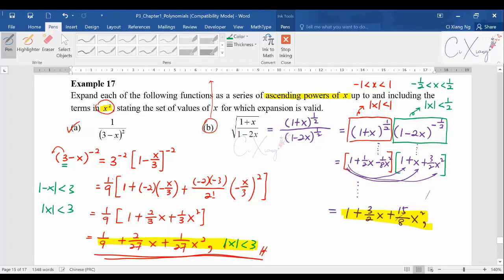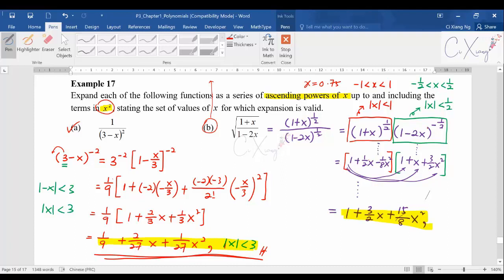So to make this whole equation correct, you only consider the smaller range of x, which is valid. So you choose this one. That's the correct final answer. I cannot choose this. Can you imagine if you select x between half, let's say you put 0.75? If x equals 0.75, in this binomial expansion it is correct, but when you apply it in this binomial expansion, it is wrong.